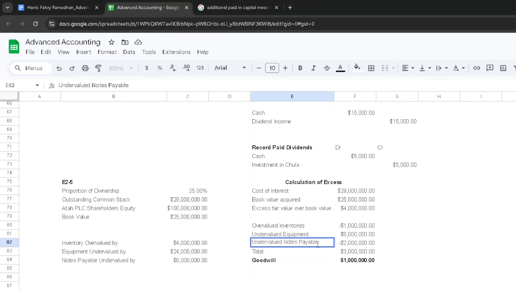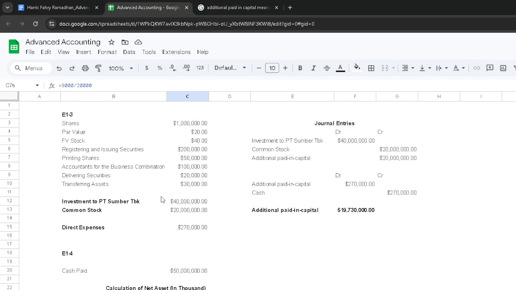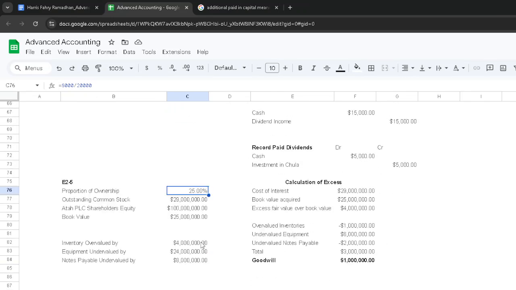That's why this reduces the amount. And if we sum this up, we will get 3 million. To attain the goodwill, we simply compare this to this. Subtract these two, and we'll get 1 million of goodwill. So that's how you calculate goodwill if you only have a proportion of the ownership, in comparison with the second question when we have full ownership.